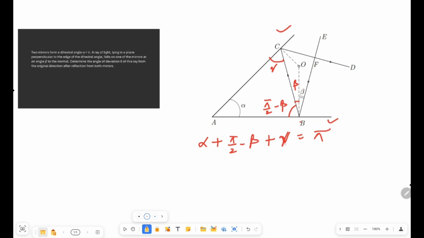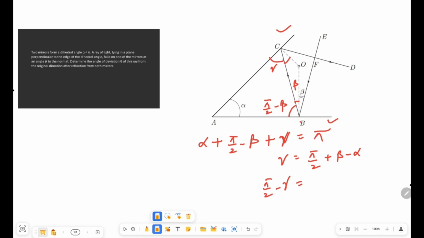So we need to find gamma, and gamma will be pi by 2 plus beta minus alpha. So the angle of incidence on the second mirror, whose normal is OC, we find by simply taking pi by 2 minus gamma, and it will be simply alpha minus beta, as you can see here.